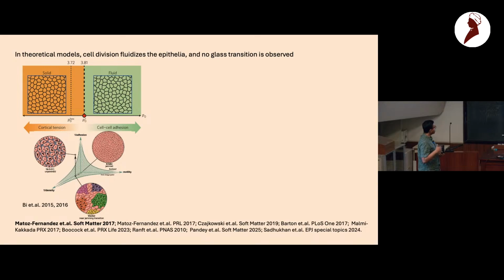So people have tried to understand this transition, this jamming transition or solidification, through various theoretical approaches. And one of the earliest theoretical approaches was to use this model called the vertex model.